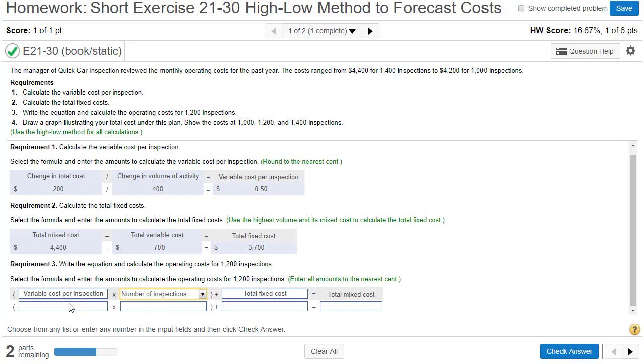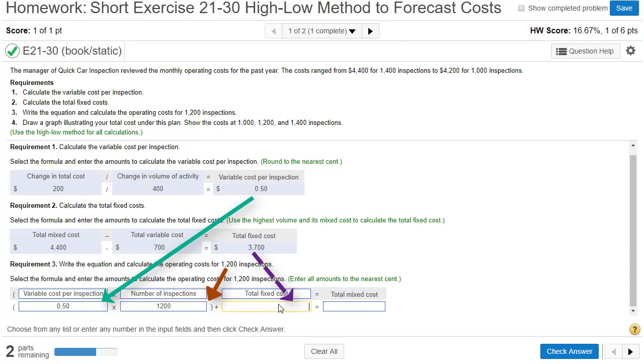So let's do this. What's the variable cost per inspection? Right here. Our variable cost per inspection is 50 cents. So put 0.5, times our number of inspections. The number of inspections we're trying to forecast for is 1,200. And then plus our total fixed cost, which we already calculated right here. So it's 3,700.